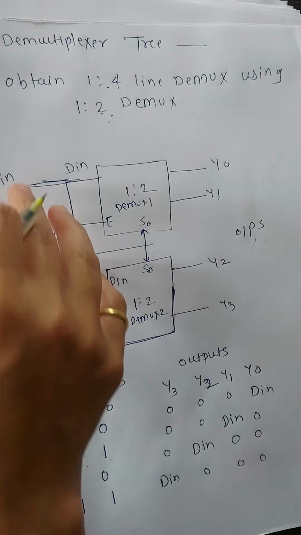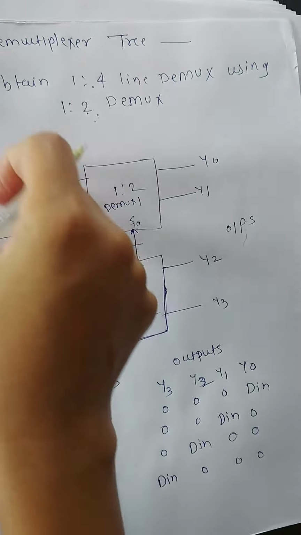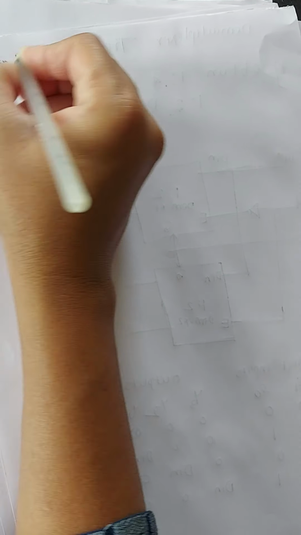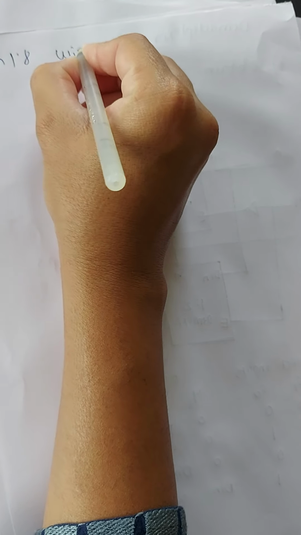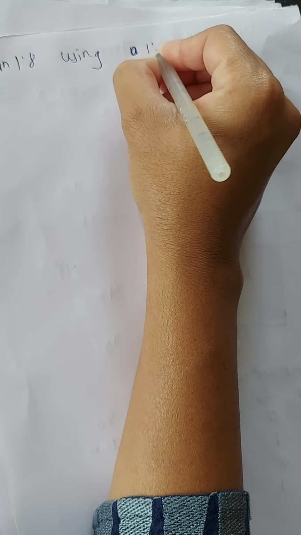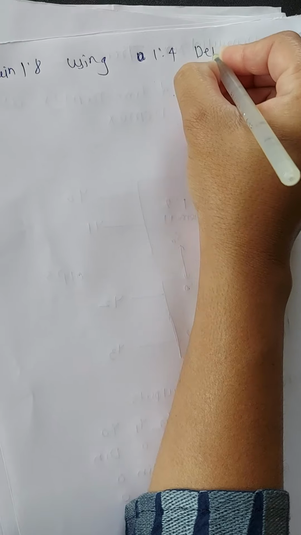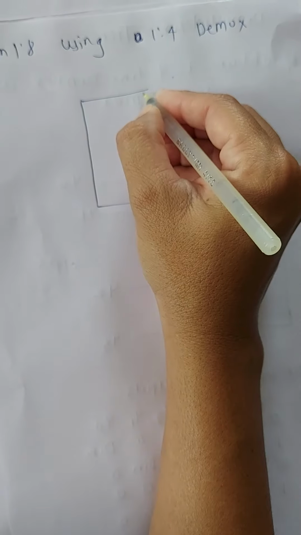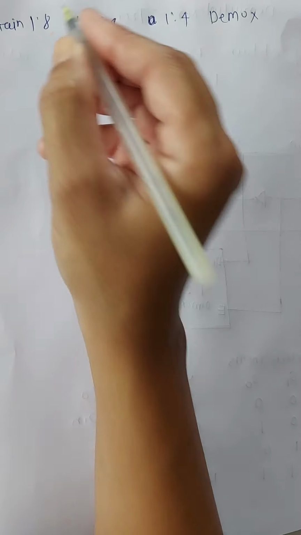Next example, obtain 1:8 using 1:4 demux. Two 1:4 demux are required to obtain 1:8.